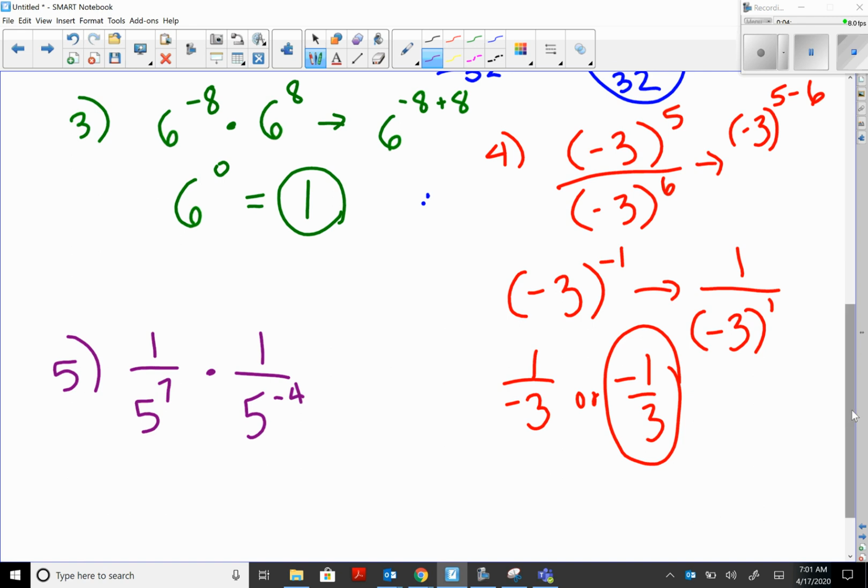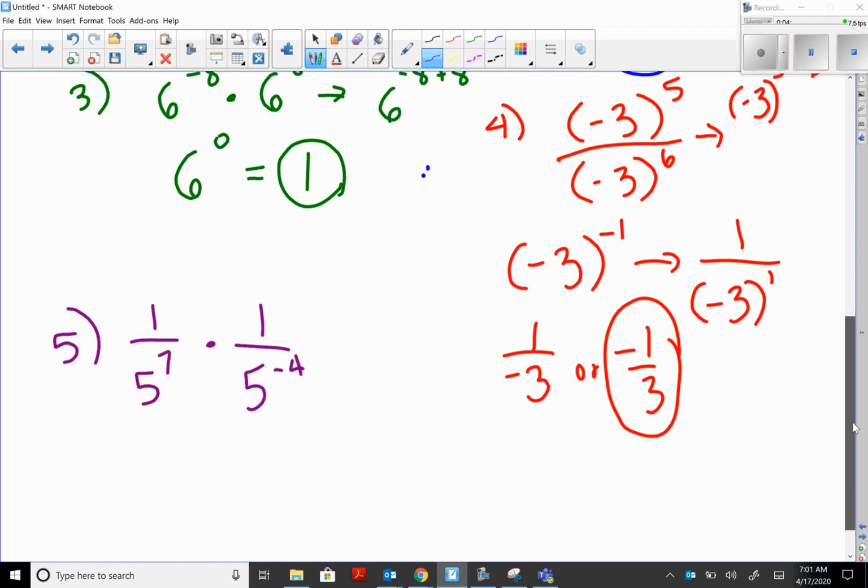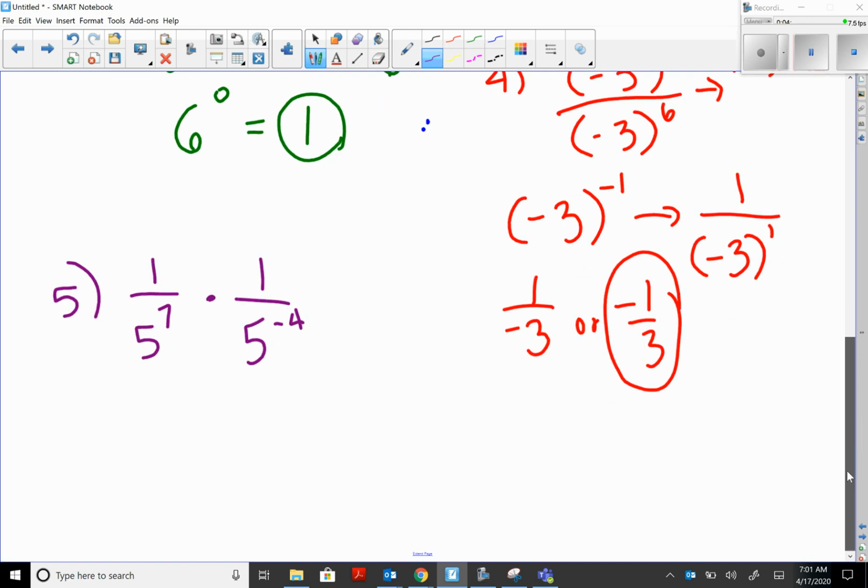Now, we haven't talked about an example of what you do when you have a fraction and the exponent is negative in the denominator of the fraction. I believe there was one like that in the Khan Academy example, but what ends up happening is that if you find the reciprocal of that number, the fraction basically flips over.